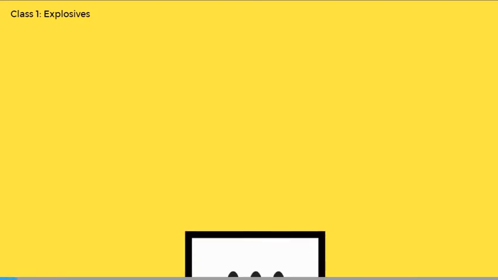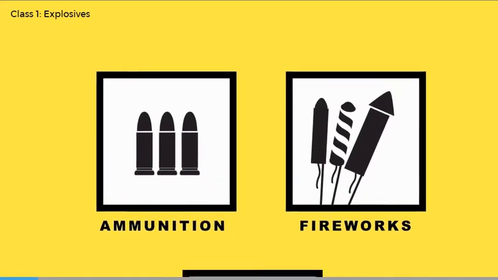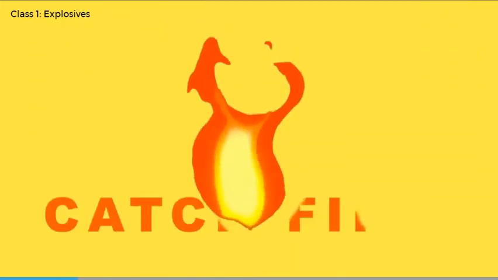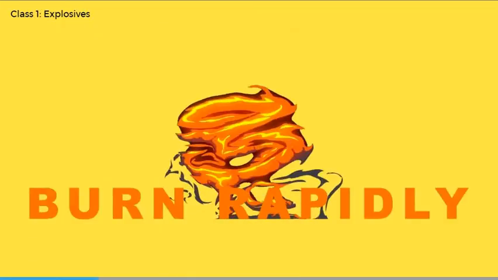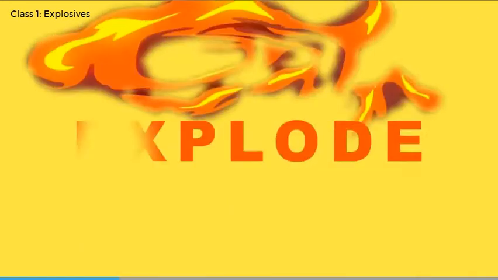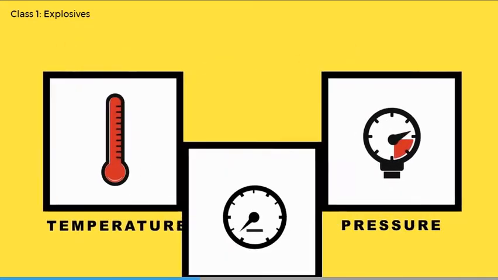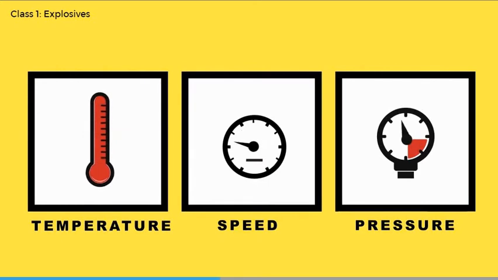Common examples of explosives include ammunition, fireworks, and flares. They have the ability to catch fire and burn rapidly or explode as a consequence of chemical reaction. This reaction is capable of producing gases at temperatures, pressures, and speeds that cause catastrophic damage and large amounts of heat and smoke.